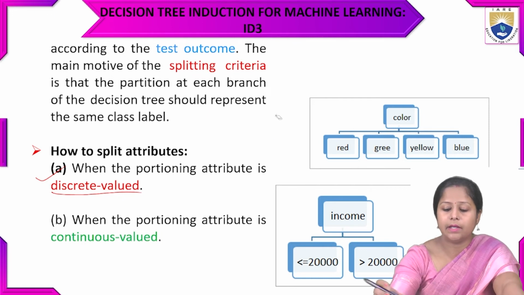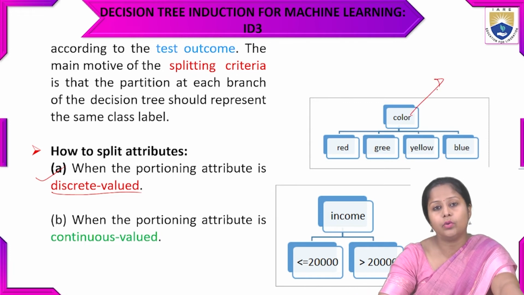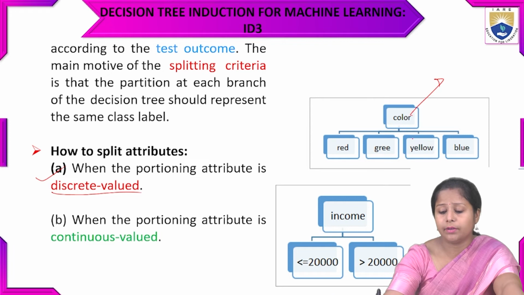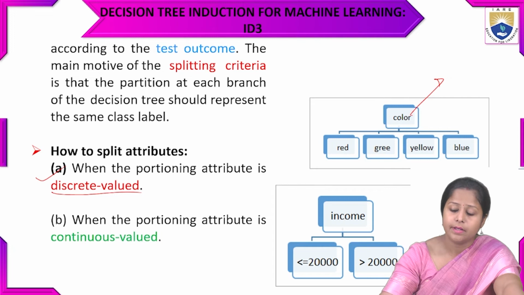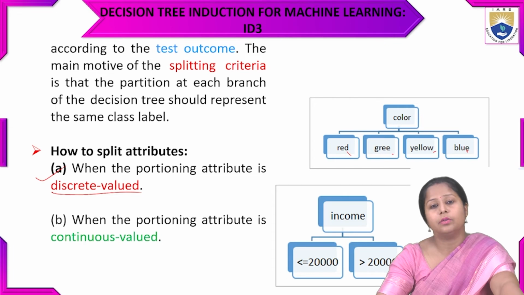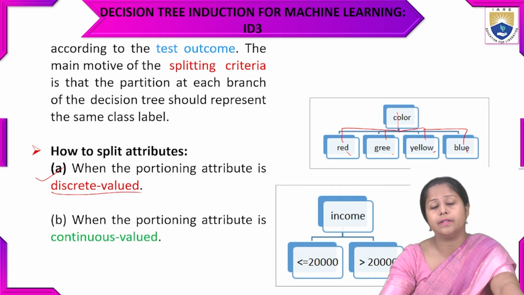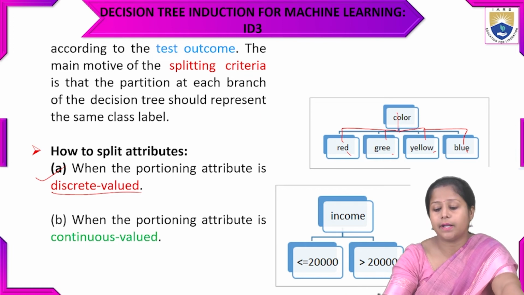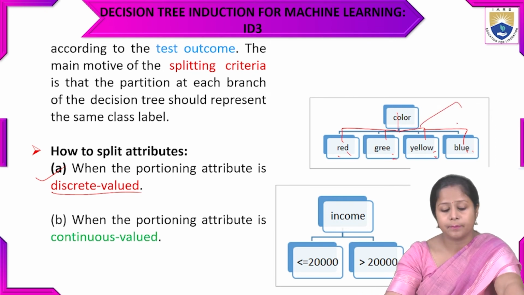In this right-hand side figure, the discrete-valued attribute is color, which is the root node, and it is divided into sub-branches for the class levels red, green, yellow and blue. Like this, the attribute will be split.